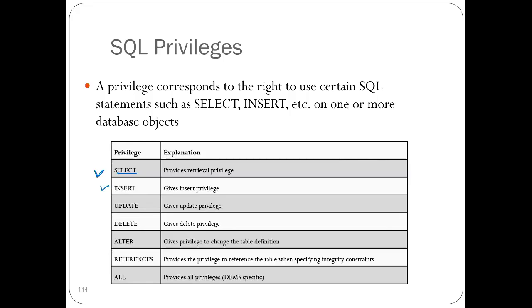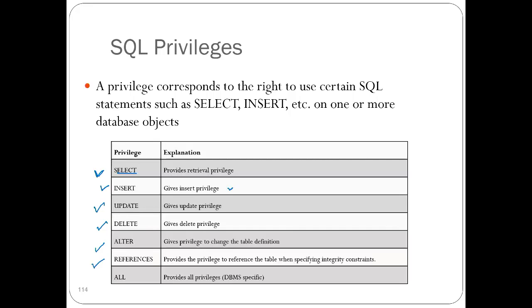Similarly, you can provide the insert privilege, and then that user can insert values. Similarly, if you have given the update privilege, the user can update the table. Delete works similarly, and so does alter.